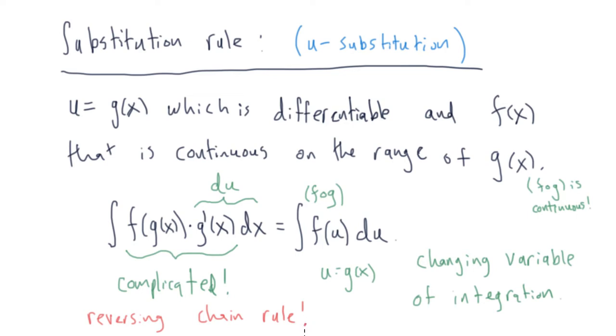Okay, so I think it's best to sort of see some actual examples and to see the way the process works, because it's not always clear what to do and how to apply the substitution rule. So let's talk about the general strategy for using the substitution rule.